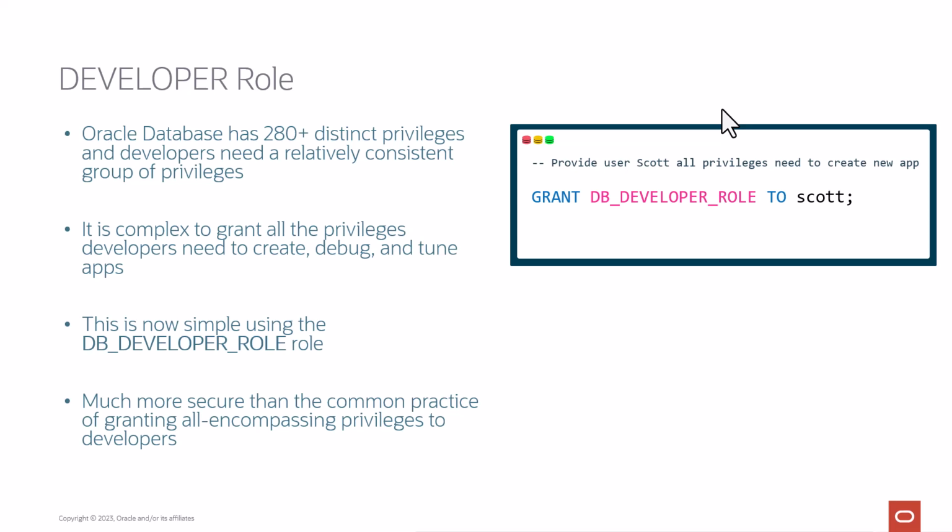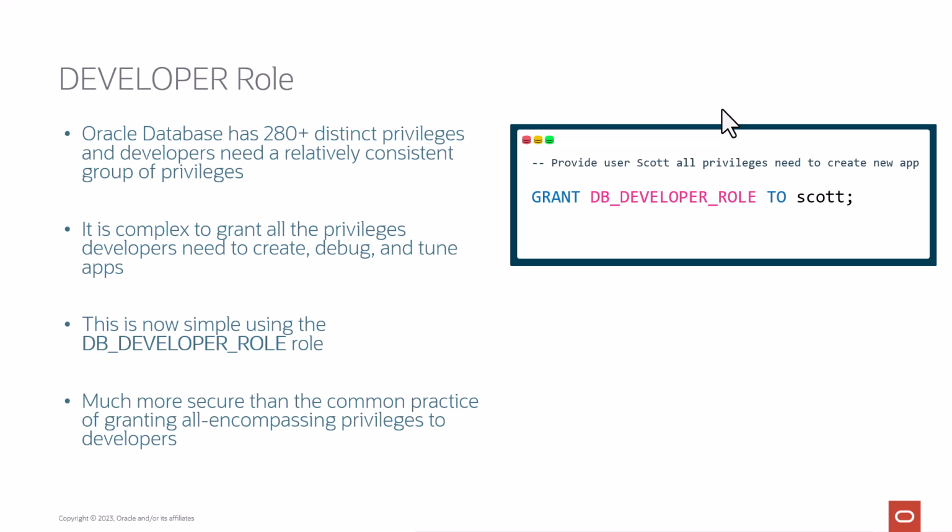In fact, Oracle Database has more than 280 distinct privileges which fall into different categories. There are system privileges, object privileges. We also have aggregates known as roles. And it's a bit complex for a new developer to know exactly what privileges are needed.